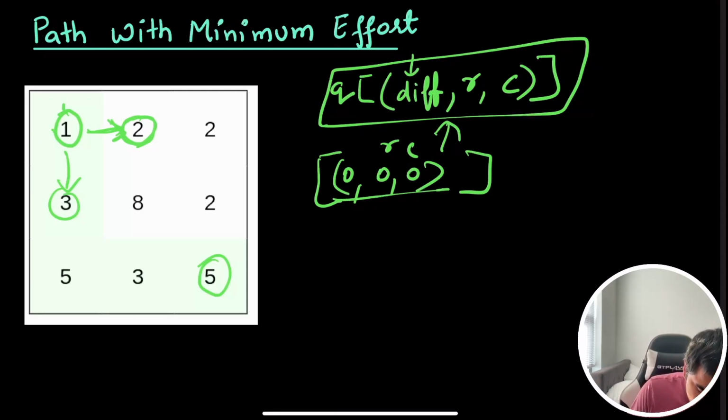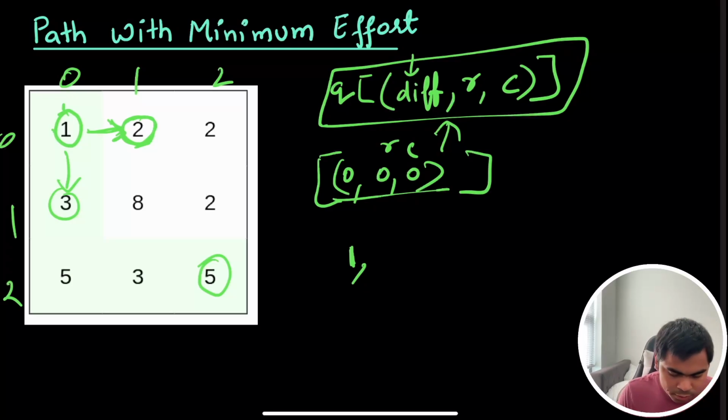So I will be exploring this too and calculating the difference here. The difference is 1, and for this particular node, 0 1 2, 0 1 2, these are rows and columns. So this row is 0 and column is 1.